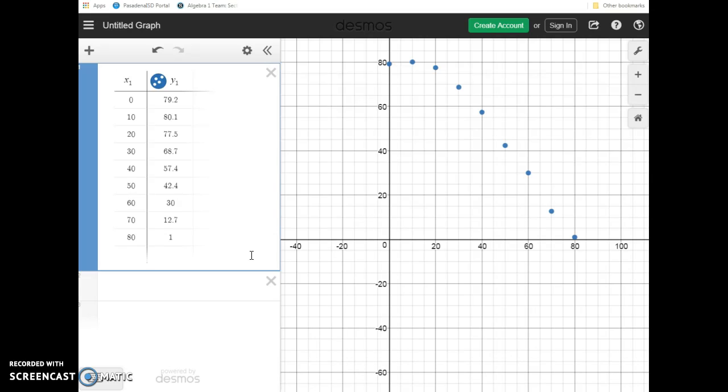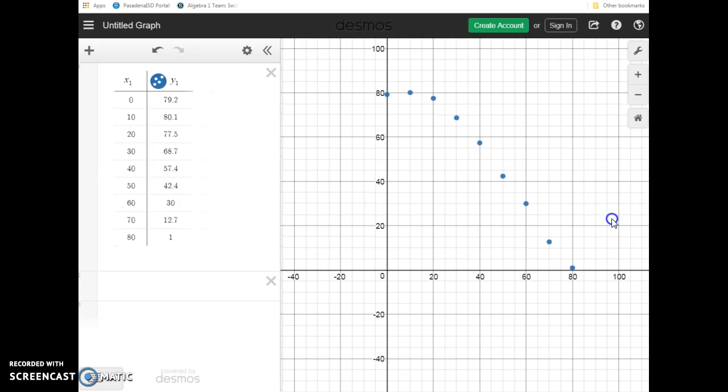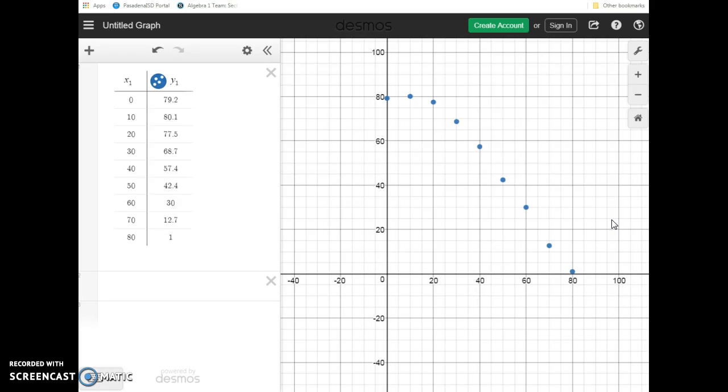So look, it plotted all of your points, okay? And to me, it looks more like a quadratic, but it's asking us for a line of best fit, so we're going to get a linear equation, not a quadratic equation.